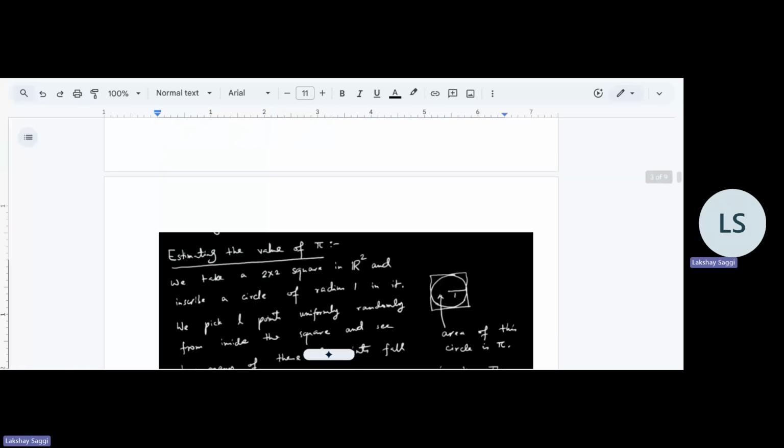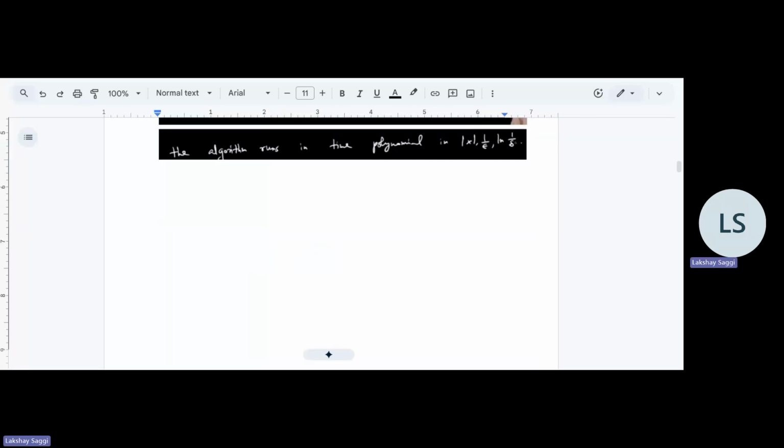You can see the examples discussed in the lecture videos, and it will be a bit clearer why it is just 1 over epsilon and why it is log of 1 over delta. But yeah, this is what FPRAS is, fully polynomial randomized approximation schemes.